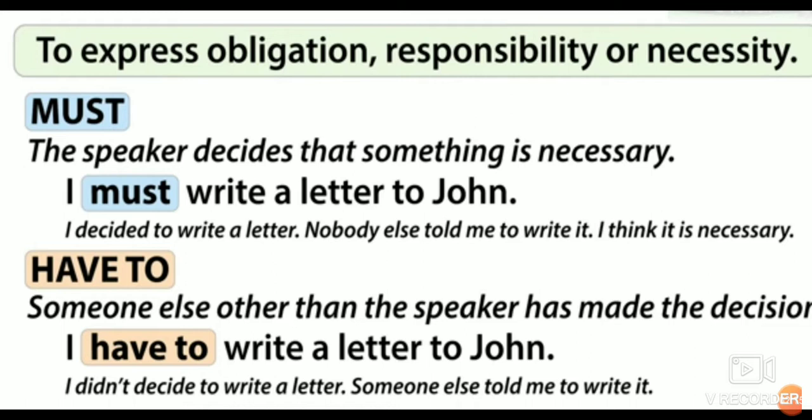So I didn't decide to write a letter. Someone else told me to write it. Getting all of you? In the first sentence, the speaker himself decided to write a letter, so we used must. In the second sentence, somebody else has told him to write the letter. That is why here we have used have to.